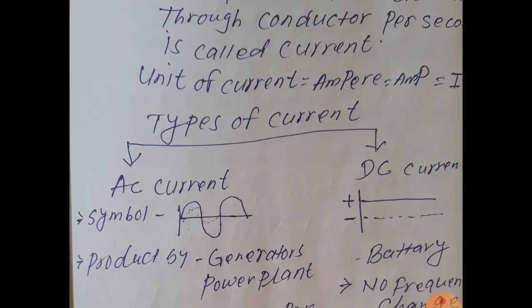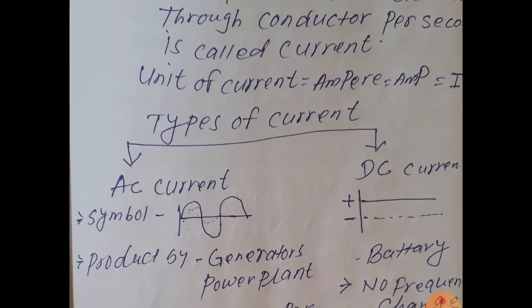Okay, so what is the difference between AC and DC current? AC current means alternating current and DC current means direct current. AC current has a frequency of 50 Hertz.